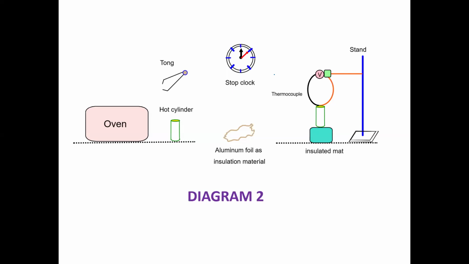You can use mercury in glass also, but I just want to introduce this. A thermocouple can measure the temperature by using a voltmeter scale. So what is the plan? Heat up the cylinder, put it on an insulated stand and observe the temperature after a known interval of time t. Let me know once you have copied this.